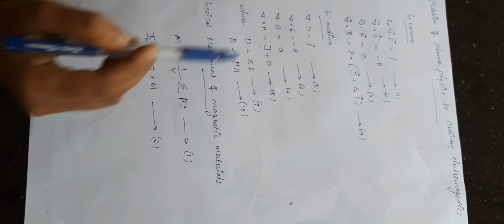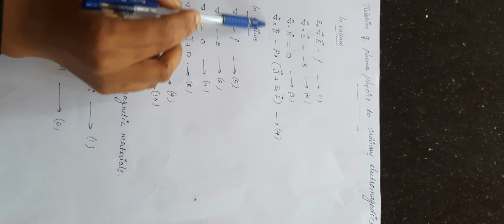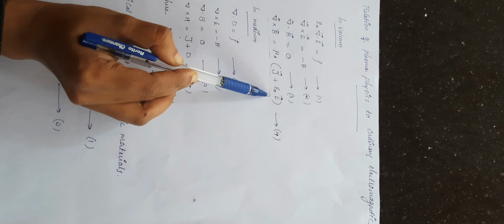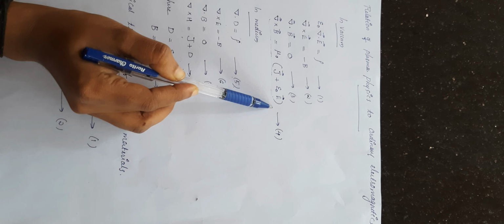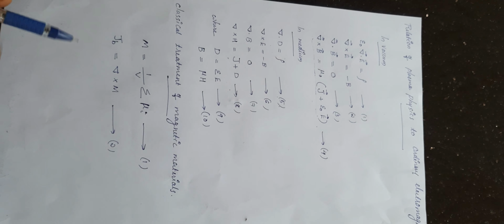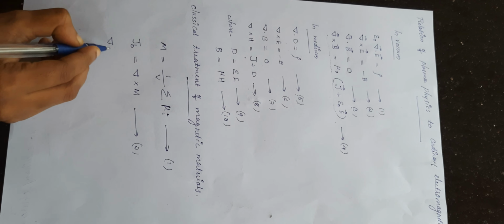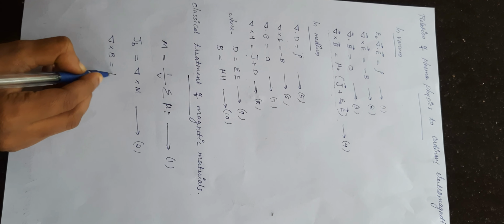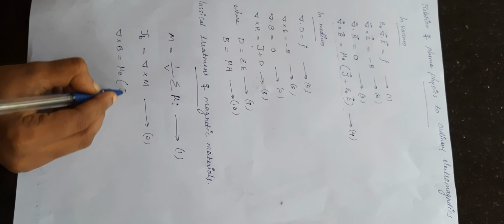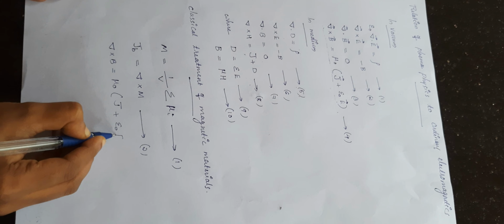Then by the equation number 4, del cross B equal to mu 0 into J plus epsilon 0 E dot, വെച്ച് മാക്സ്വെൽസിൻ്റെ വാക്വത്തിൻ്റെ റിലേഷൻ വെച്ചിട്ട്.